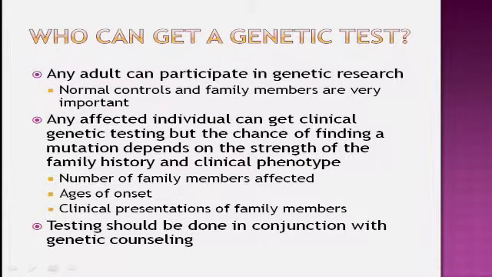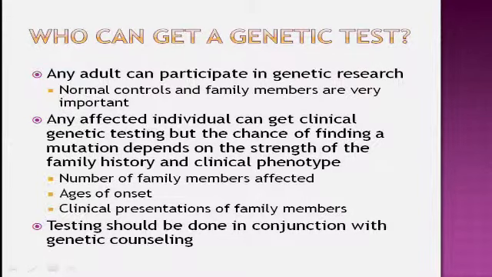In terms of clinical testing, any affected individual can get clinical genetic testing. But the chance of actually finding a mutation to some extent depends on the strength of the family history, as well as how many individuals are affected in the family and the ages of onset. Earlier ages of onset are more likely to be associated with a genetic cause, as well as the different clinical presentations of the family members, and whether or not any family members have had autopsy or testing elsewhere.